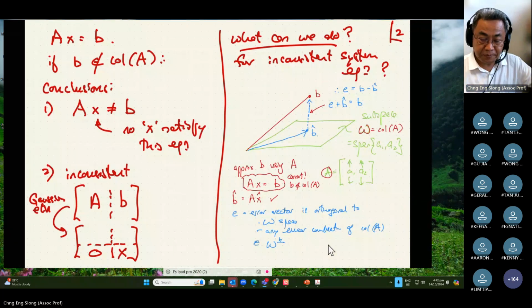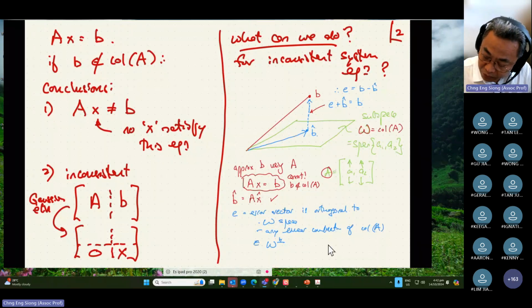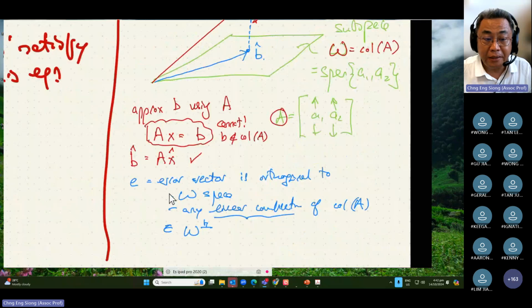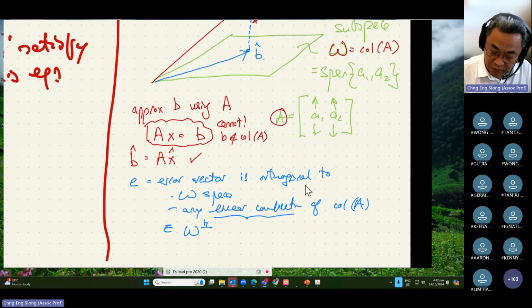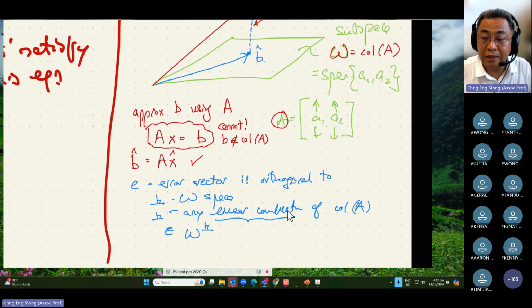All right. Now, when I say this, error is perpendicular, orthogonal. Orthogonal is perpendicular, right? Perpendicular to any linear combination.